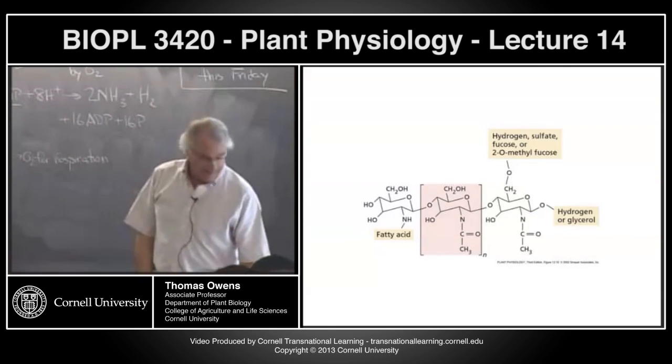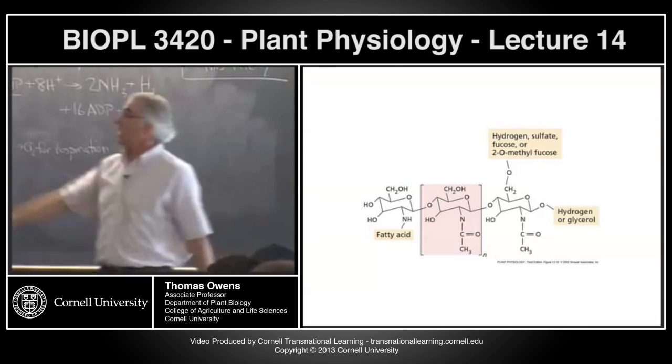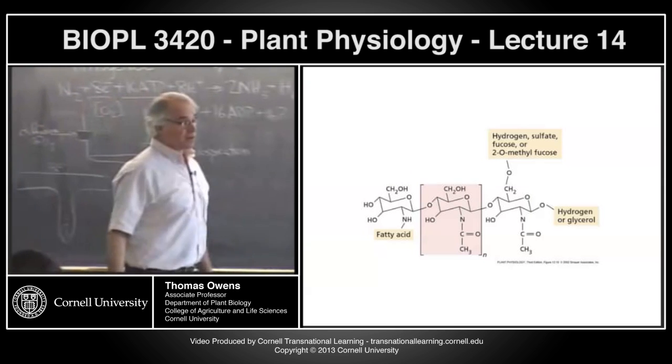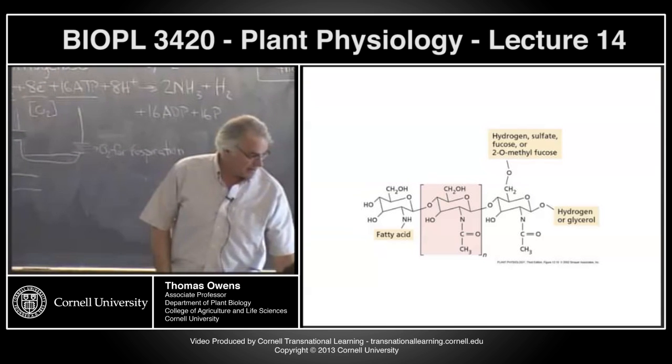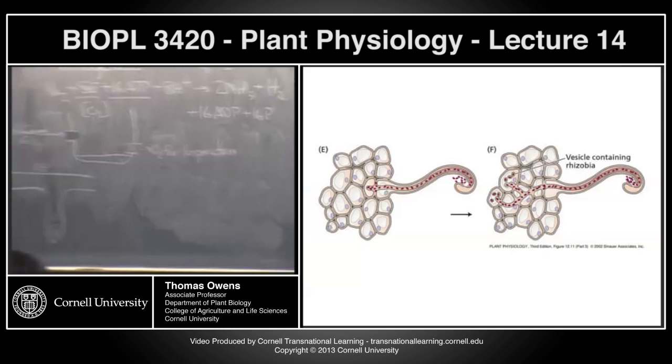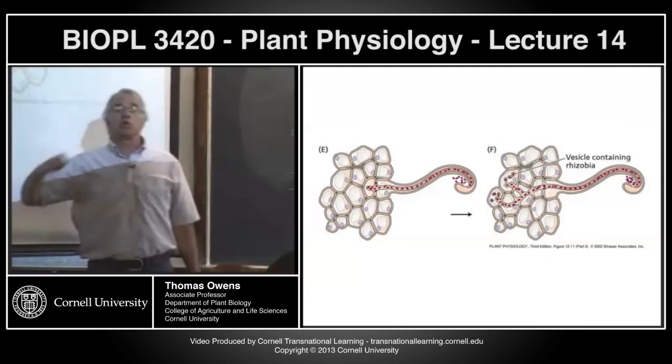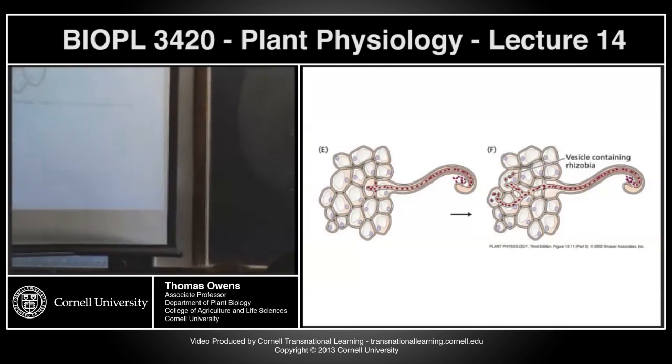Now, something that's not shown in this picture, but is a consequence of the nod factor, is another thing it signals to have happen: for these cells in the interior of the root, they start dividing. Those cells will be the new home for these bacteria.